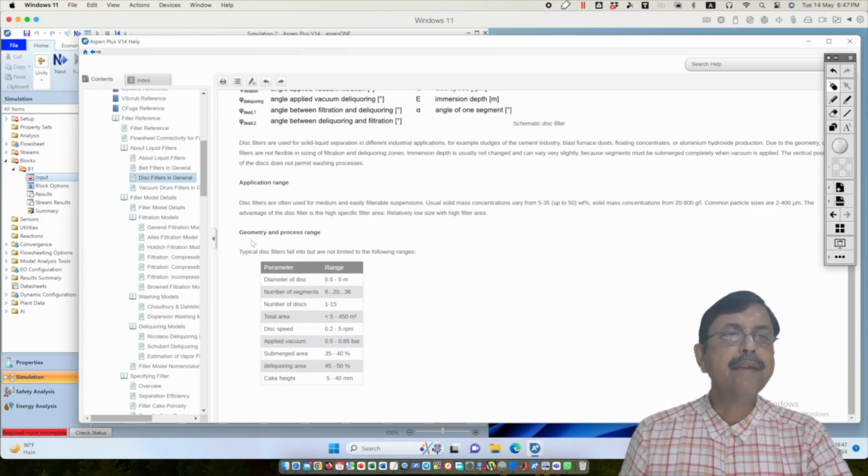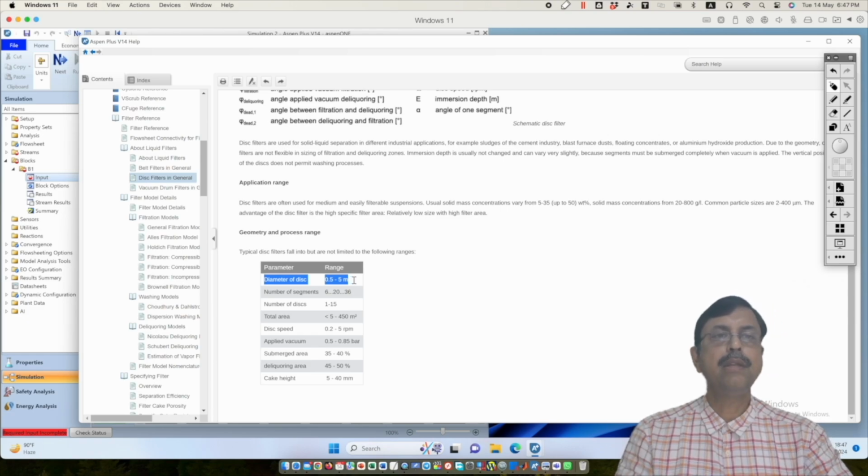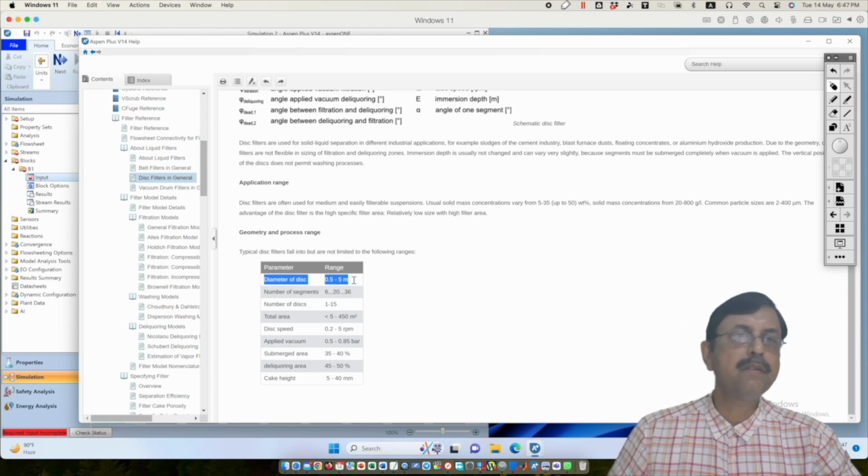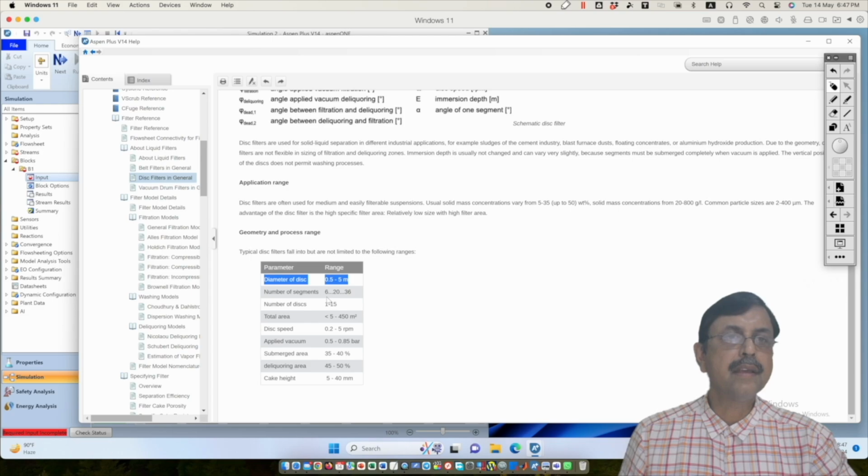Likewise, we have geometry and process range for this type of filter. So the diameter of the disc is between 0.5 to 5 meter, whereas the number of segments is 6 to 20 to 36. Number of discs is 1 to 15.